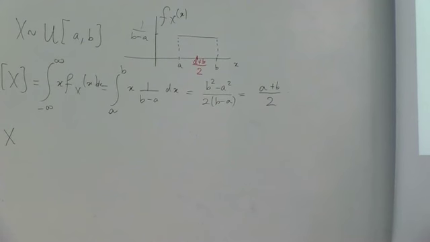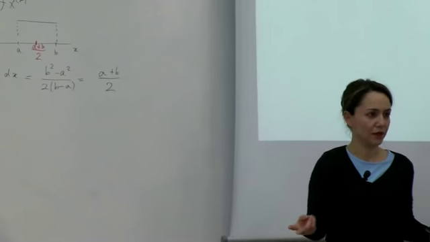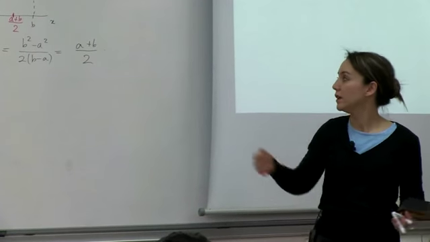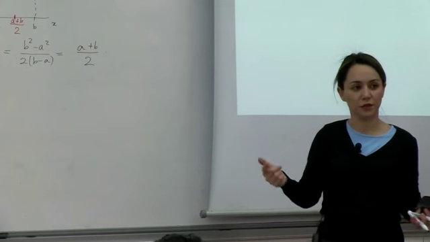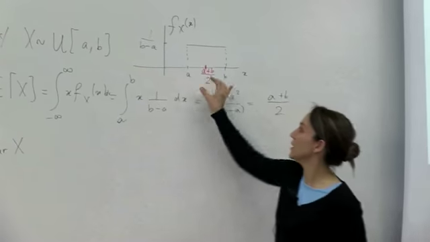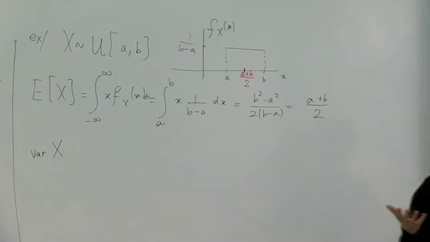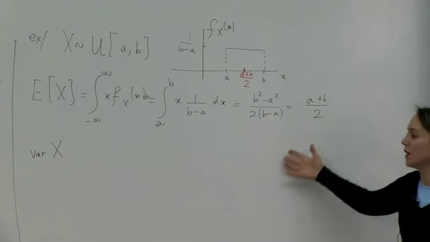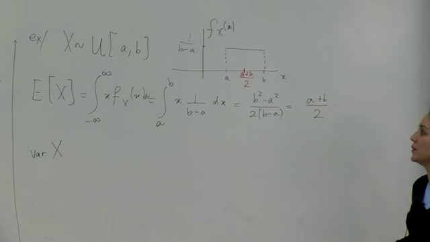Just 2 parameters. It can depend on only a and b. There's nothing else that it can depend on. But it doesn't seem to depend on the absolute values of a and b, because if you shift this keeping the distance constant, the variance should not really change intuitively. So what do you think the variance depends on? The difference, b minus a. Right, so let's see if we get something that's in line with our intuition.